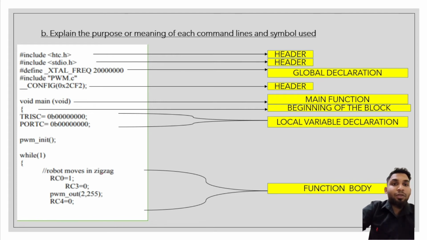The next is hashtag define, which is a global declaration. Hashtag include pwm.c is also a header, and the config bracket 0x2cf2 is also a header.